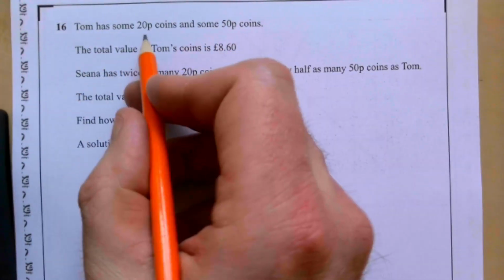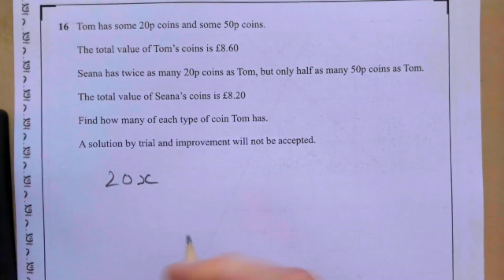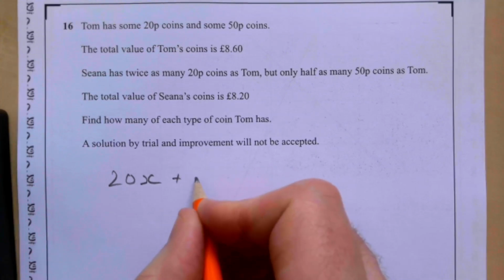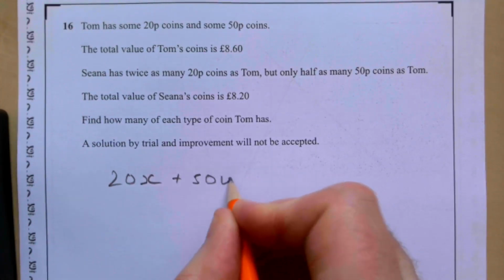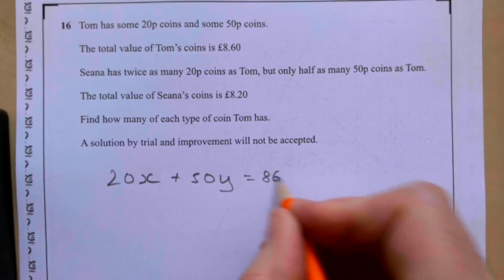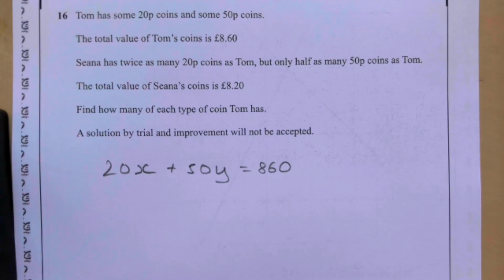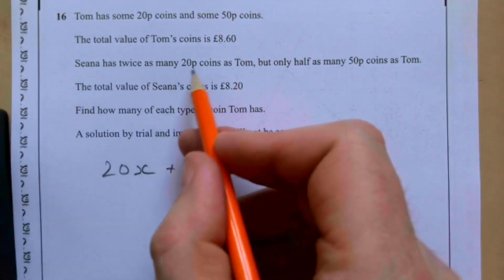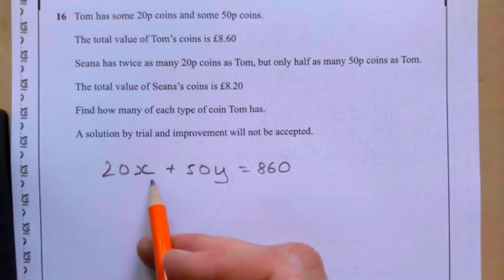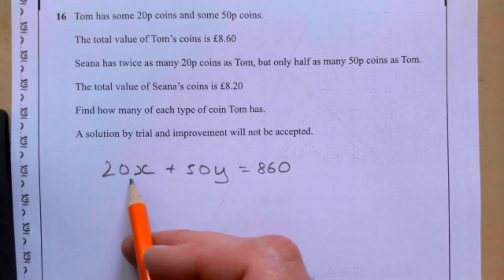So let's see, we have 20x plus 50y equals 860. You can write 8.60, but I like getting rid of the decimals. Twice as many 20p coins: Tom has x of them, because say I had 4, we would have to do 4 times 20 to work that out.